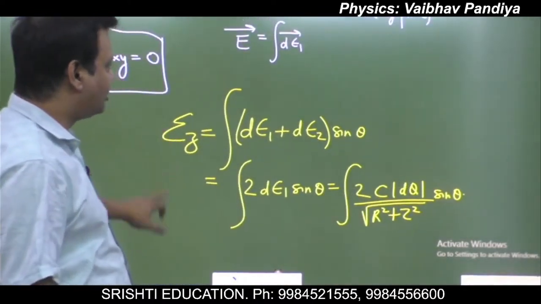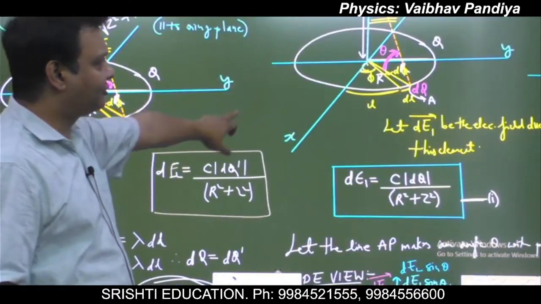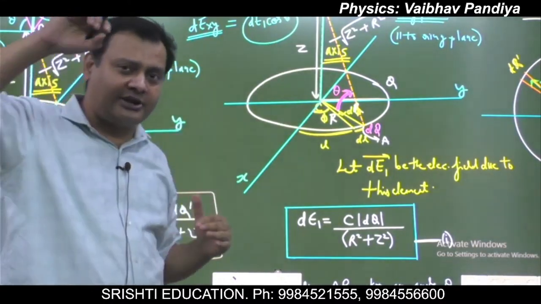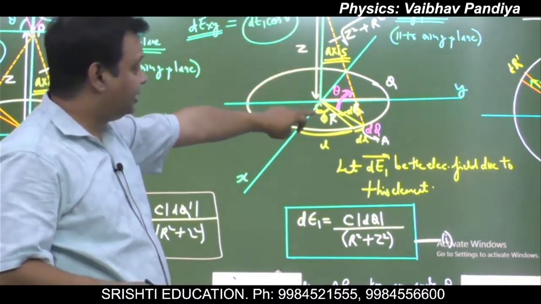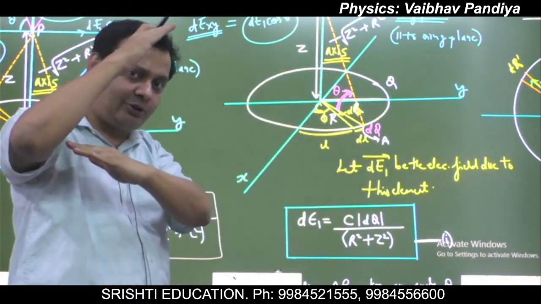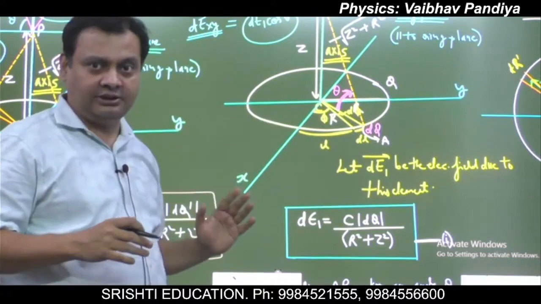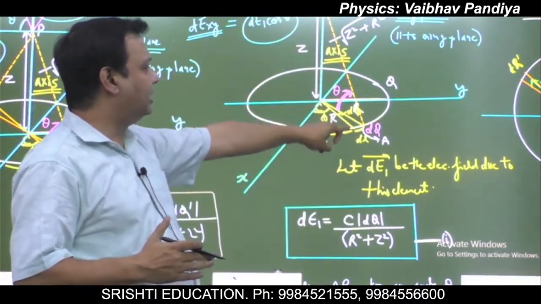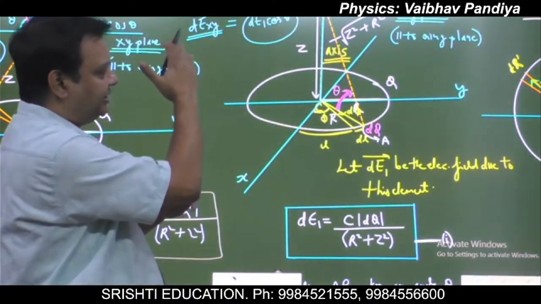So r is a constant, the radius of the ring; as you are changing the element, r is not changing. Correct? z is constant, the perpendicular distance of the target point from the center of the ring; it is not changing. Theta is constant, the inclination of the line joining the element with the target point with the plane of the ring. For each element, this inclination is the same.